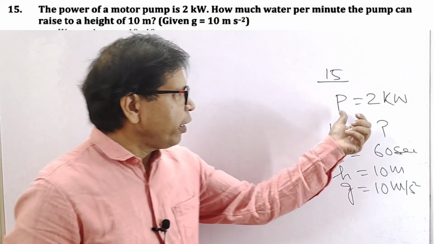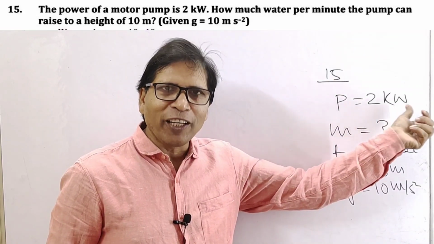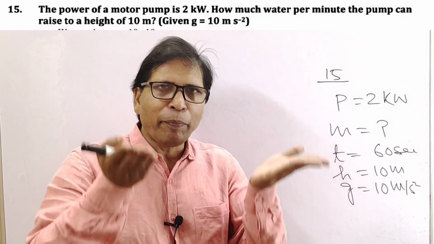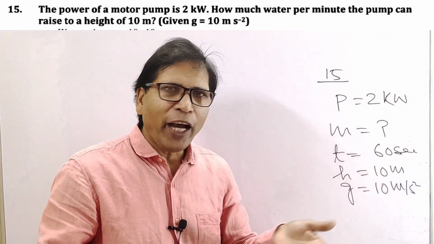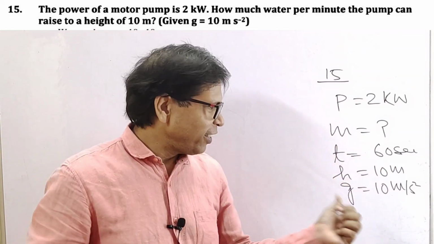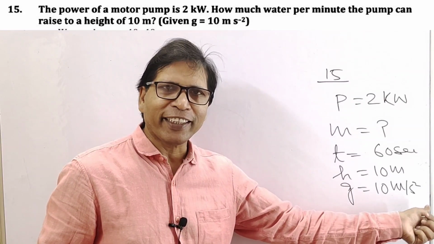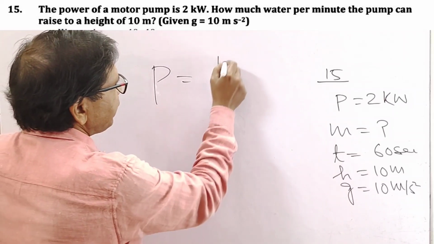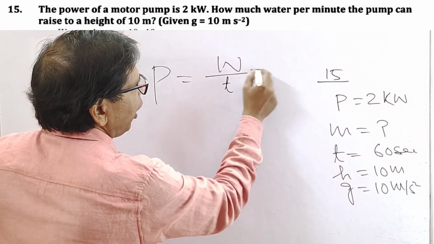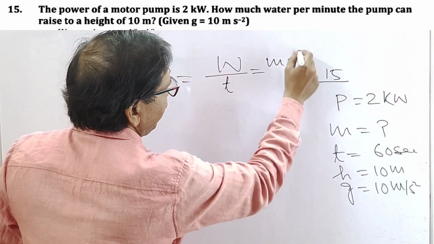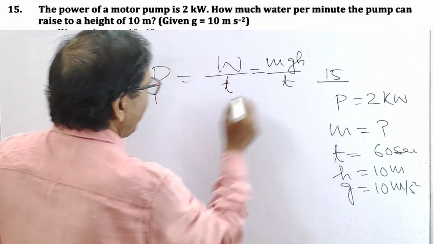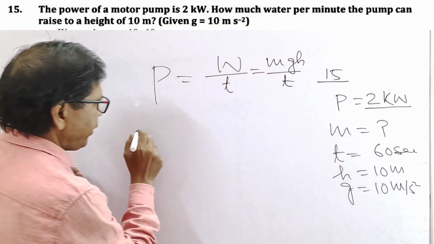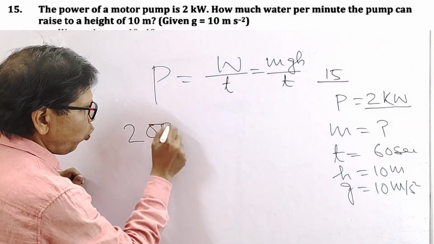Okay. Look at this. The power of a pump is 2 kilowatt. How much water is raised by the pump per minute to a height of 10 meter? g equals 10 meter per second square. Now we know power P equals work done by time. Work done is mgh, divided by t. Here power is 2 kilowatt, that is 2000 watt.